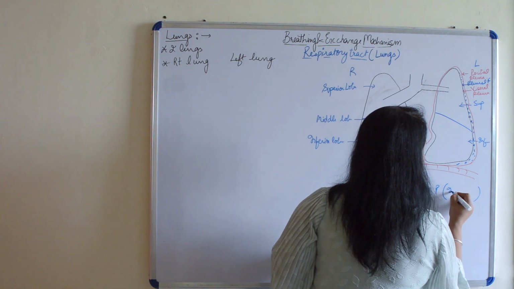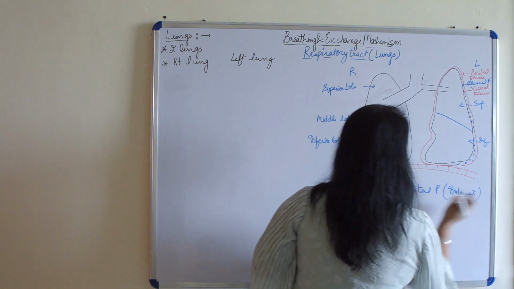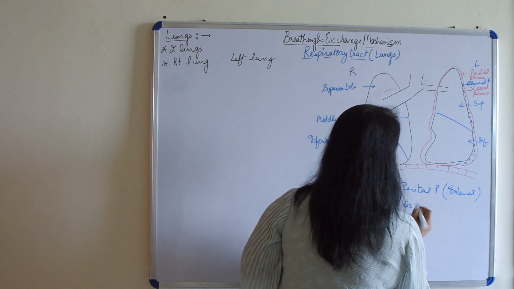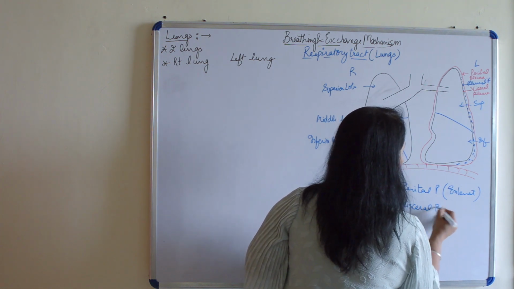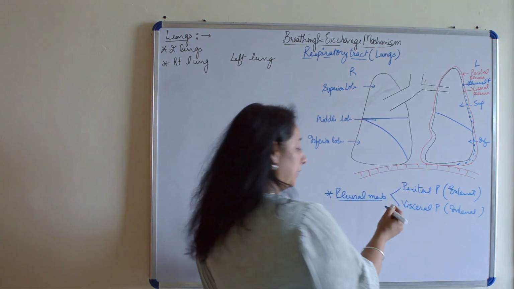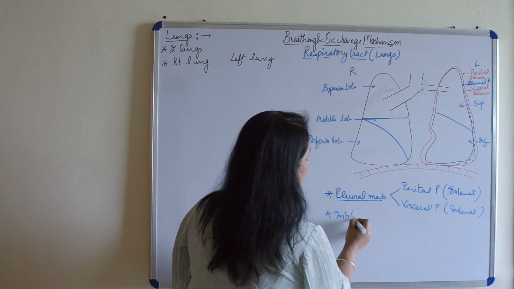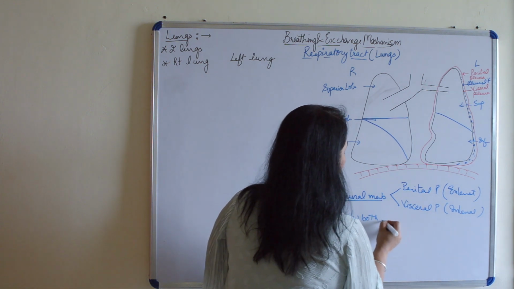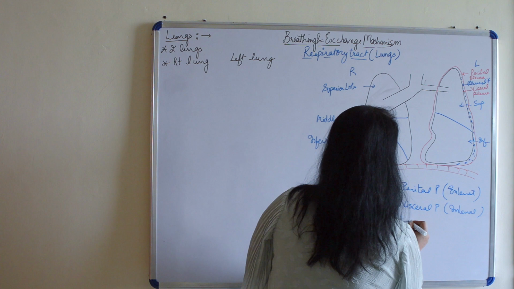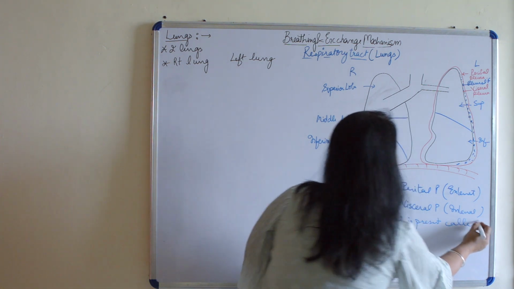This is external. Internal is the visceral pleura. This is internal. And in between both, fluid is present, called pleural fluid.